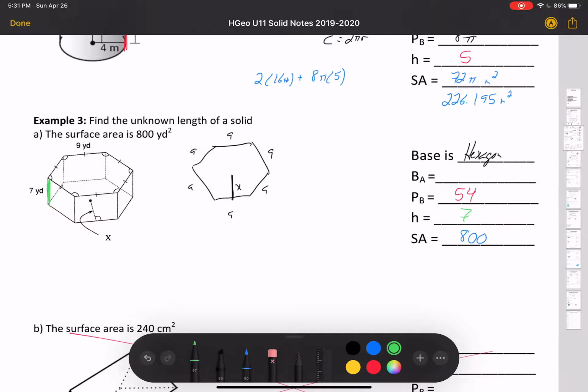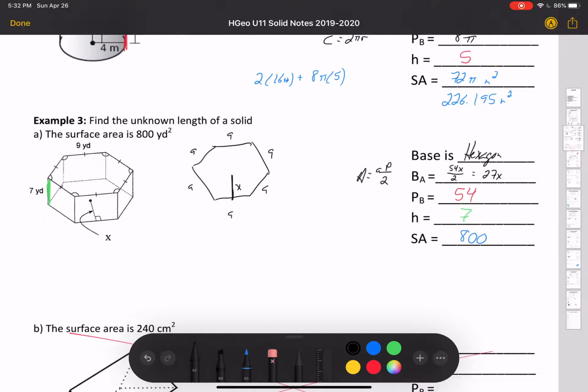But if we're trying to find the apothem, remember, the area of a hexagon is apothem times perimeter divided by 2. So we can fill in an expression to represent the area of the base. That expression is going to be apothem, we don't know that, times perimeter, which is 54, so 54x divided by 2. So that's going to simplify to give me 27x.